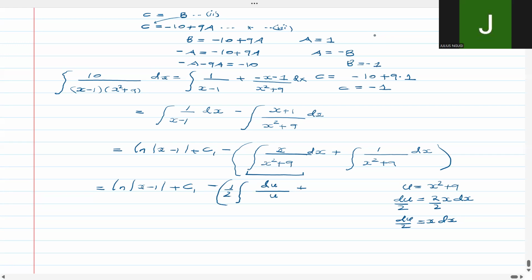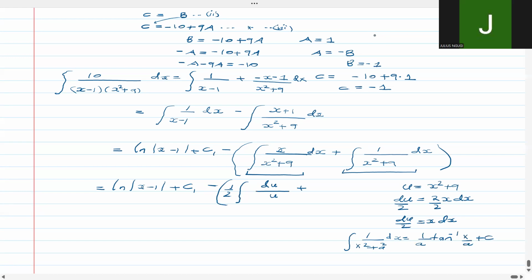Then plus the integral here, it's a special integral, which we have learned: the integral of 1 over x squared plus a squared with respect to x equals 1 over a arctan, or tan inverse, of x over a plus a constant c.